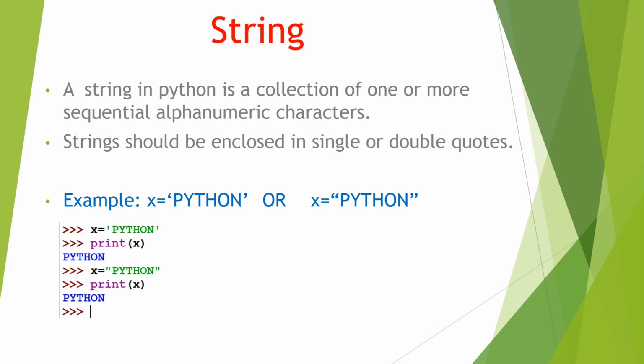For example, in a variable x, we have stored some string named Python. It is given in single quotes, or we also can give a string in a variable with double quotes.